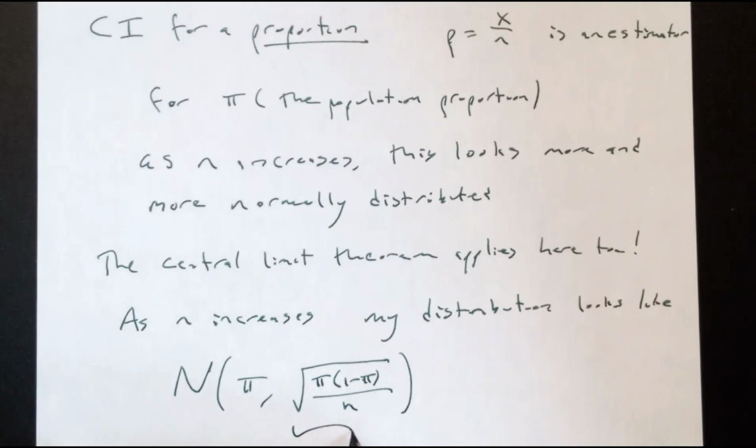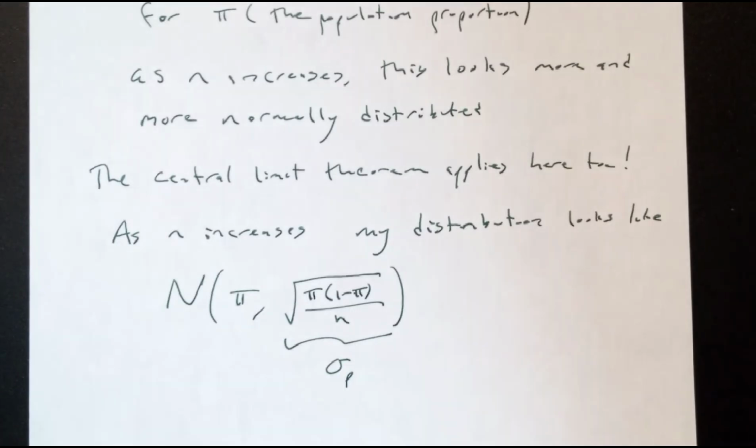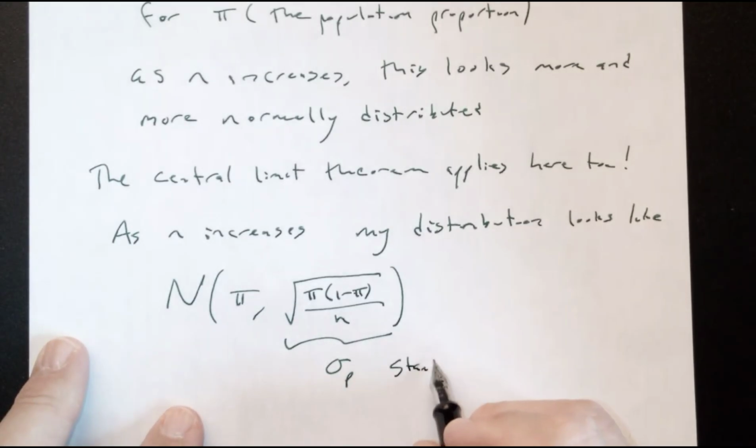This is going to be called sigma P. That's my standard error for a proportion.